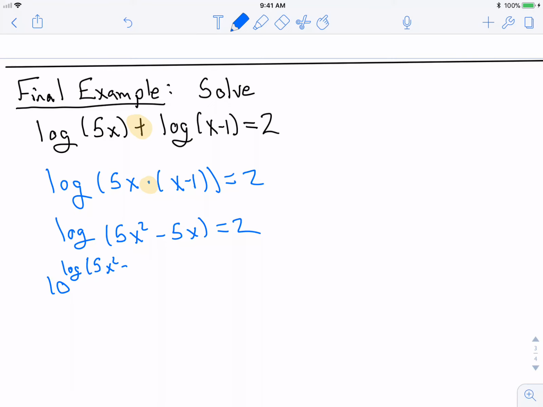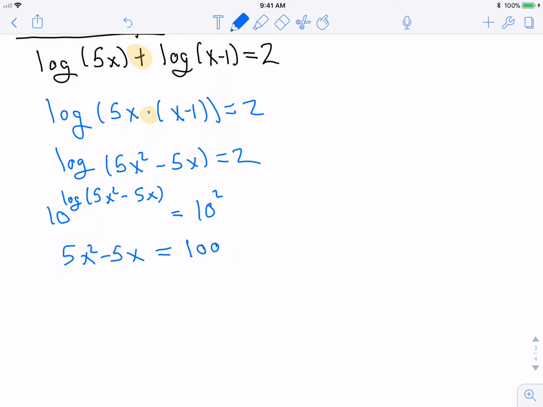So we have 10 to the power log of 5x squared minus 5x is equal to 10 to the power 2. The left-hand side simply cancels out, and we get 5x squared minus 5x, and the right-hand side becomes 10 squared, which is 100.